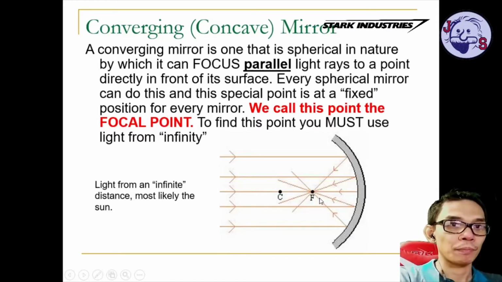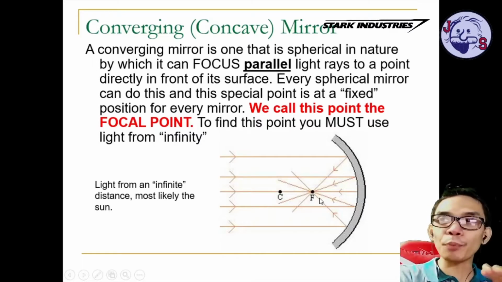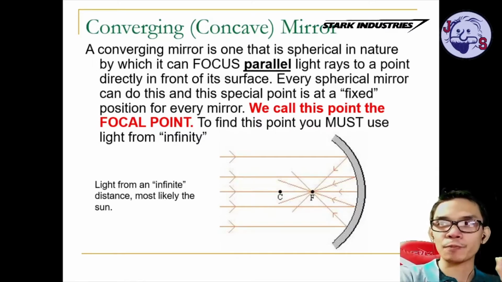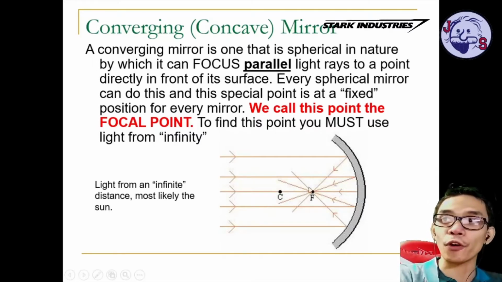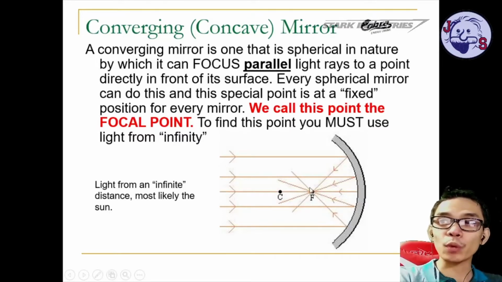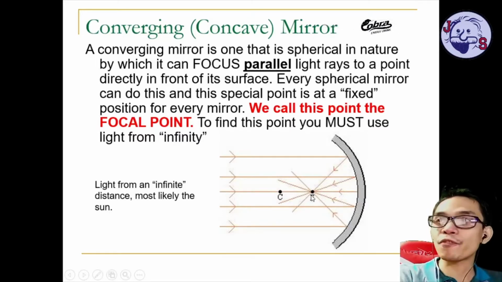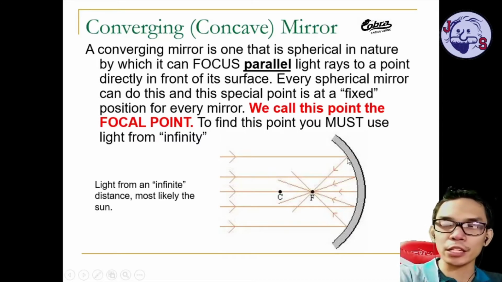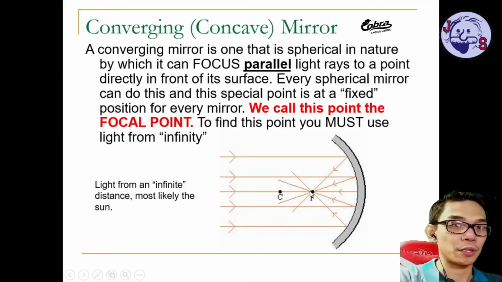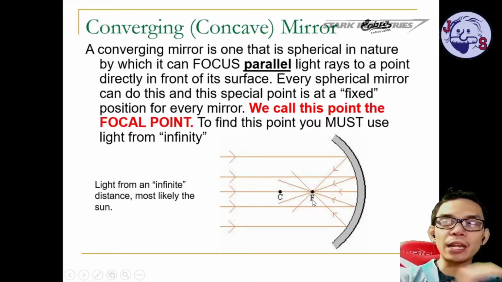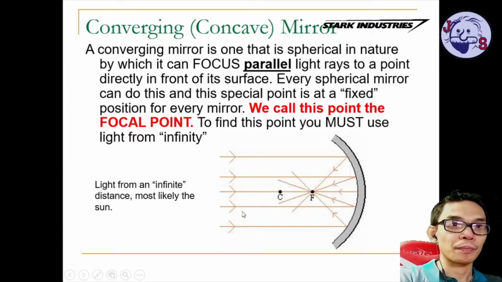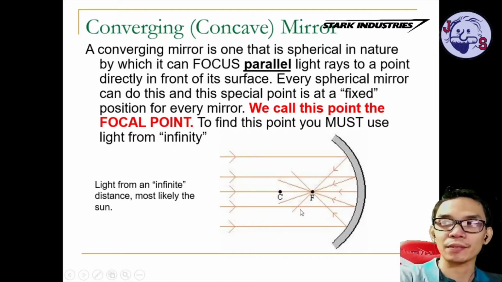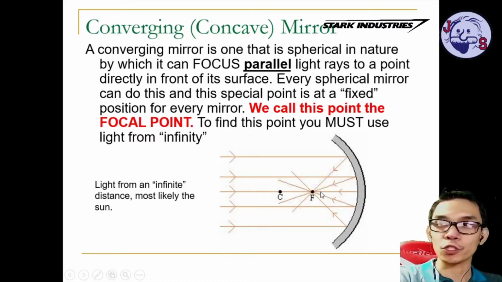That point is the fixed point of the spherical mirror, which is called the focal point. This is where all the light is converged if the light comes from infinity. This is where the light will consolidate.